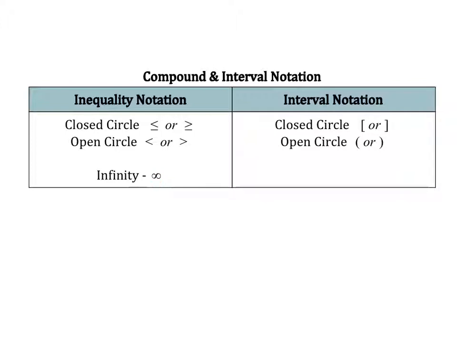Interval notation is the same idea: there's a way to show if a number is included or not. With a closed circle, the number is included and we use brackets. With an open circle, the number is not included, so we use parentheses.